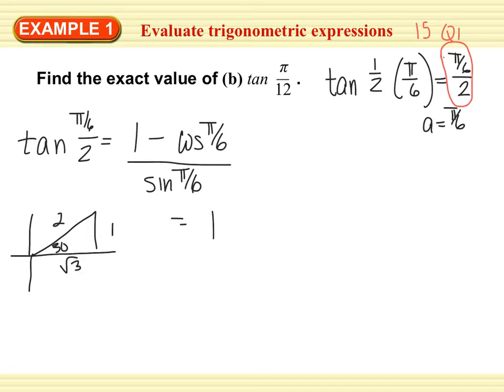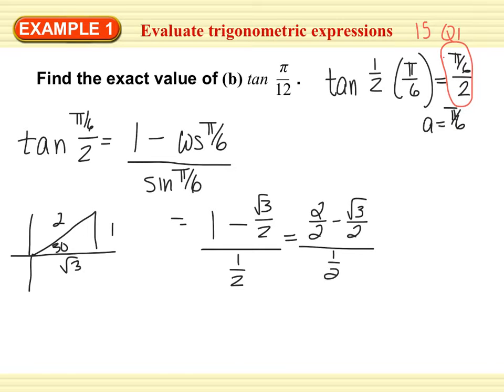So this gives me 1 minus cosine, which is adjacent over hypotenuse, and sine is opposite over hypotenuse. So I'm going to change this into 2 over 2 minus square root 3 over 2, over 1/2, which gives me 2 minus root 3 over 2.